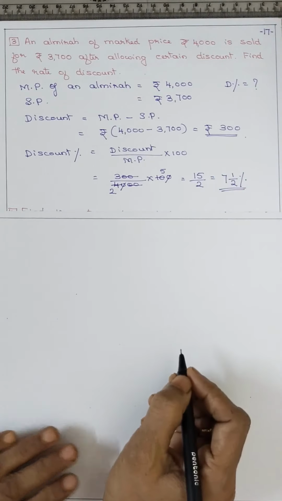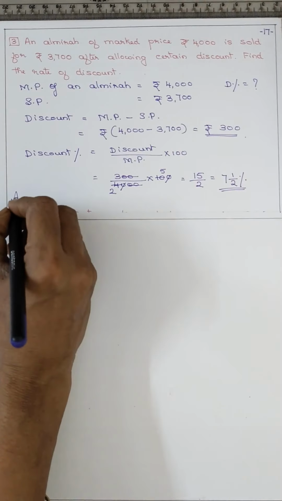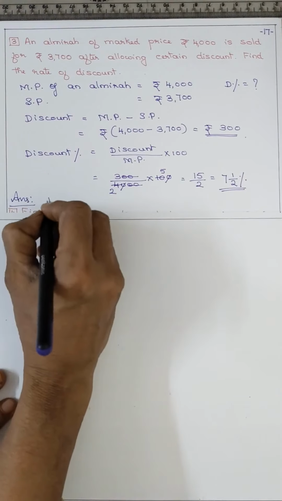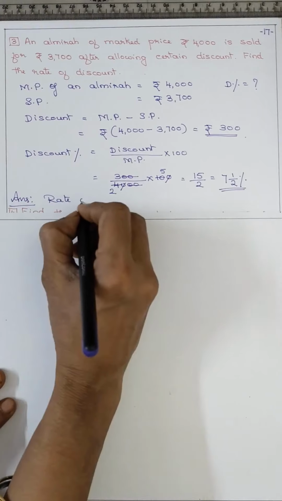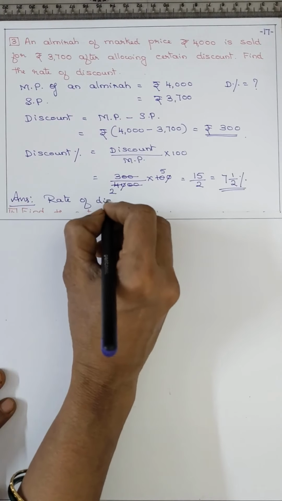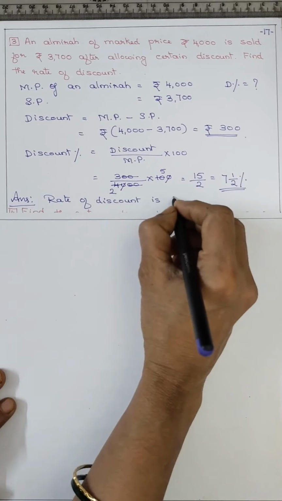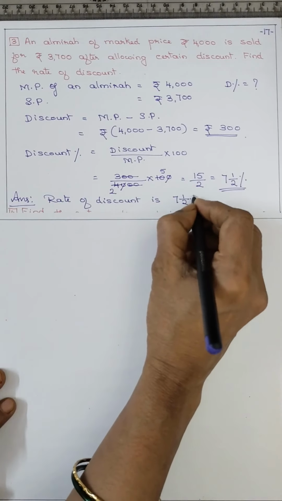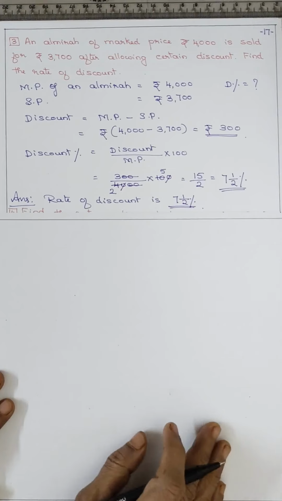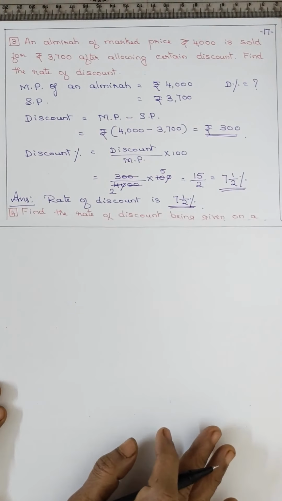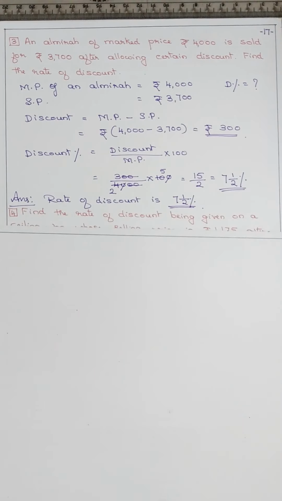Answer is 7.5%. Answer, rate of discount. Rate of discount means discount percent. Okay, is 7.5%. Is it clear? So we have finished the third question.